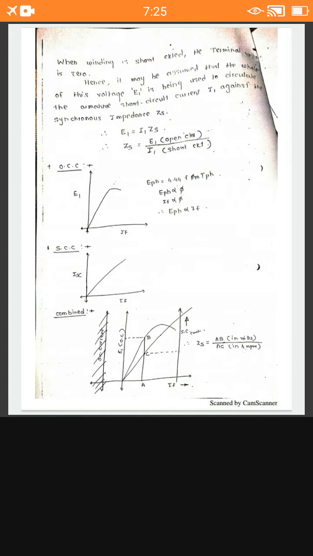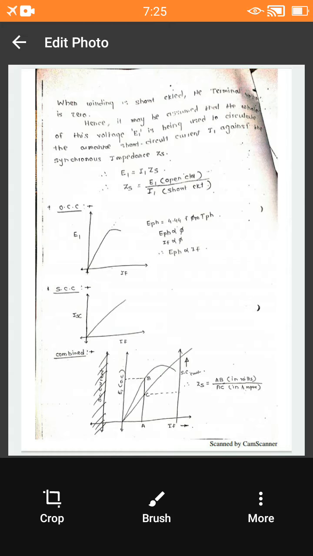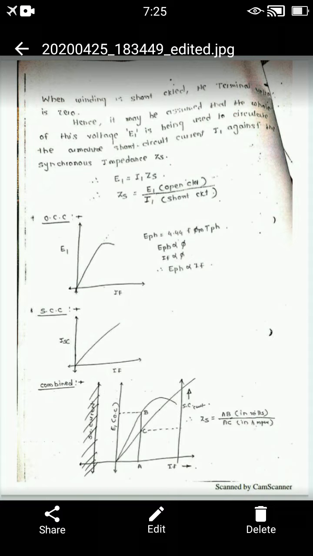On the open circuit characteristics, we plot the point B, and on the short circuit characteristics, we put the point C. From that graph, we can calculate the value of ZS by the ratio of AB, the OCC value in volts, and AC, the short circuit value in amperes. That gives ZS, which is called the synchronous impedance of an alternator.